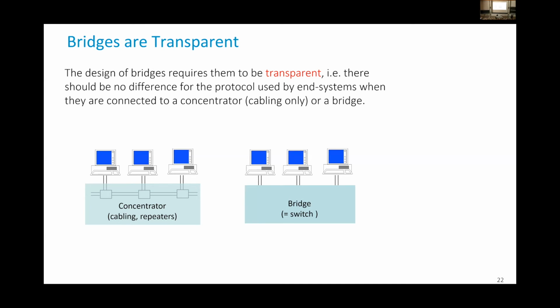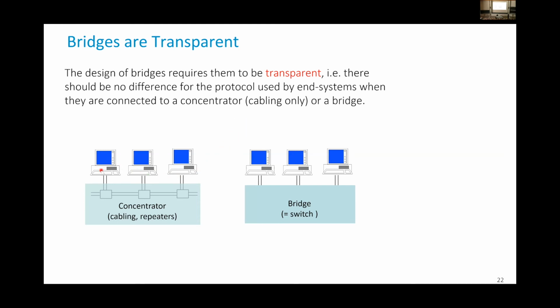And if you do a Wireshark, you capture all the frames here or there, you should see no difference. You might still see a difference because the switch is probably speaking and broadcasting once in a while a few things to discover whether there's another switch around. But from the viewpoint of A sending to B, there should be no difference.